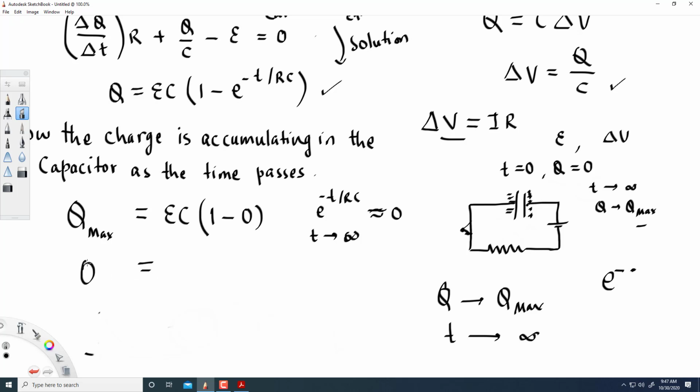So that means Q max is E times C. That's the expression for maximum charge.